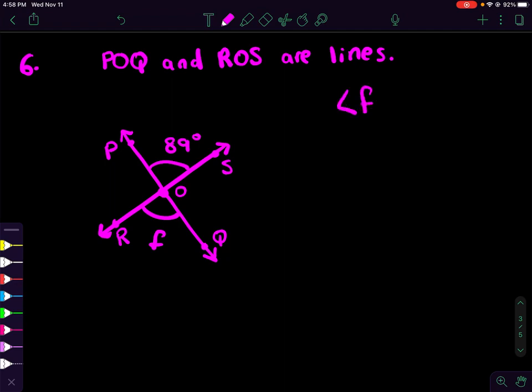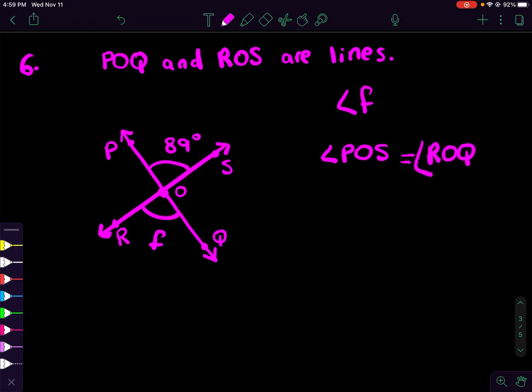This one simply, we're going to use the vertically opposite rule. When this one, angle POS, is equal to ROQ.